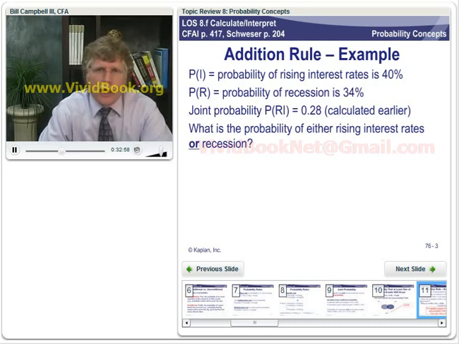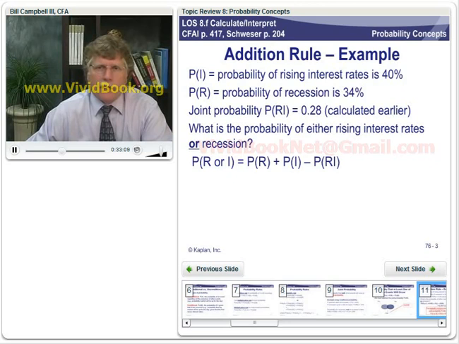Both is okay. What do we do? We add up the probability of rising interest rates plus the probability of a recession, and subtract off the probability of both. So we take our 40% plus our 34% minus our 28%, 46%. There's a 46% chance that we will have either a recession or rising interest rates or both.